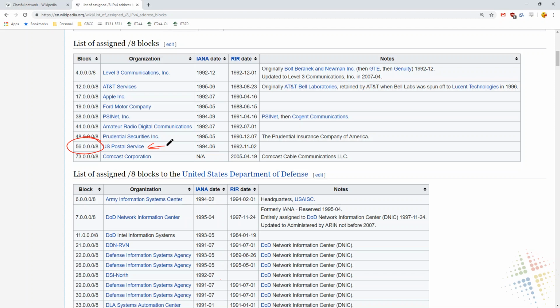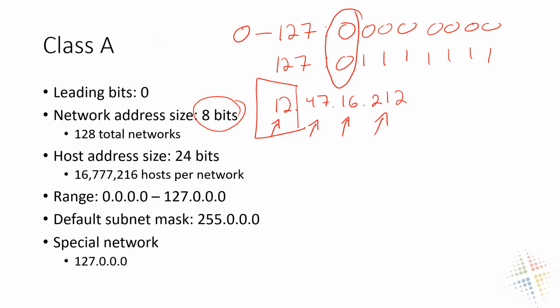It was very elegant, and everything that was 56 went there. Everything that was 17 went to Apple. Everything that was 19 went to Ford, and so on and so forth. So it was a great, simple and elegant way to design the internet. The only problem with this method is that because we only have 0 through 127, we have 128 networks total.